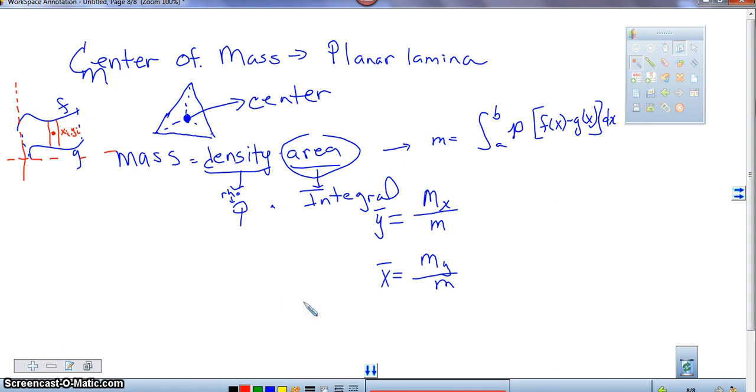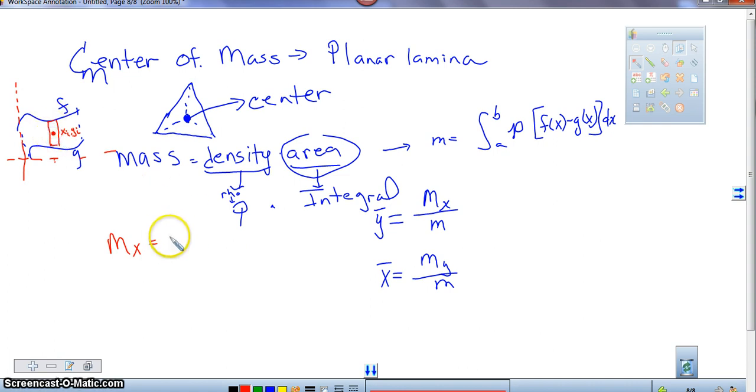So if you think about this, your moment about the x, let's start with that. Moment about the x is going to be right here, and here's the x-axis, so the moment about the x is going to be this distance. This distance from x is basically the midpoint of this rectangle.